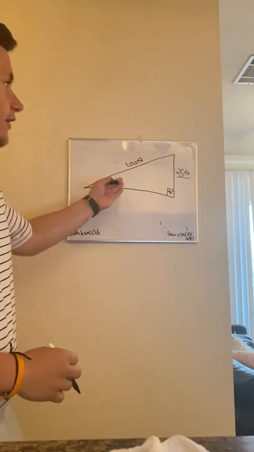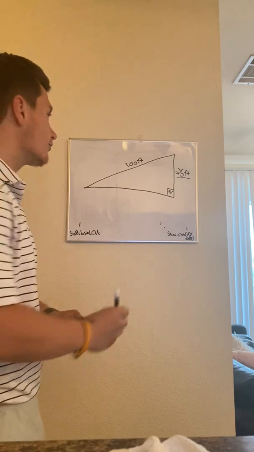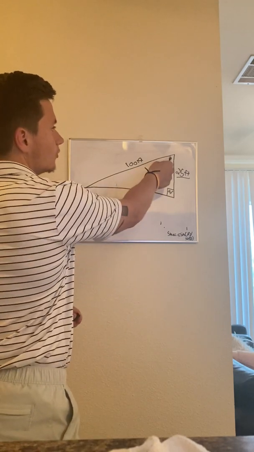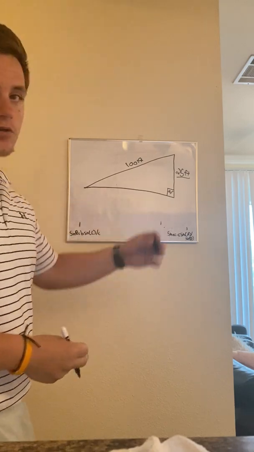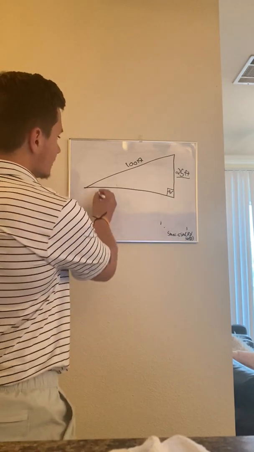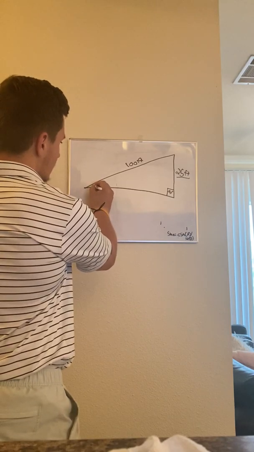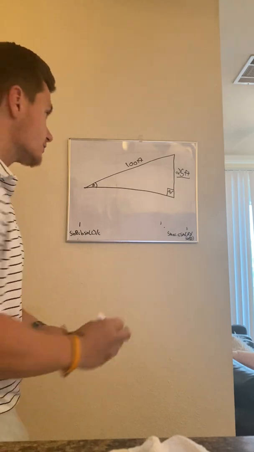So this is all of our given information, and we're going to use this information to go ahead and find angle B, angle A, and side A, which is the distance in between these two buildings. So to find angle B, we're going to use the law of sines.